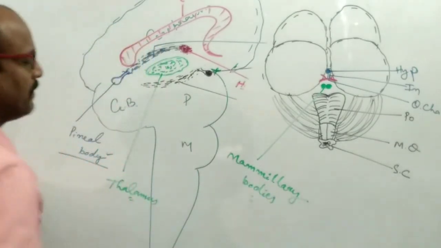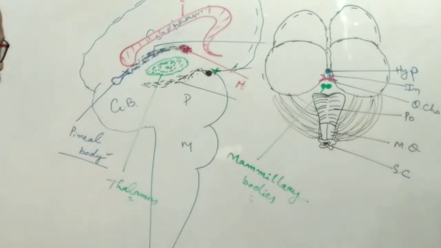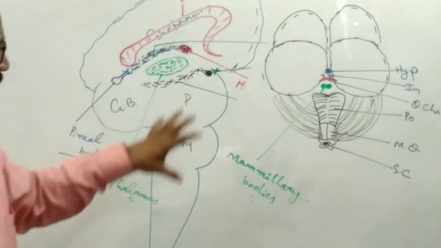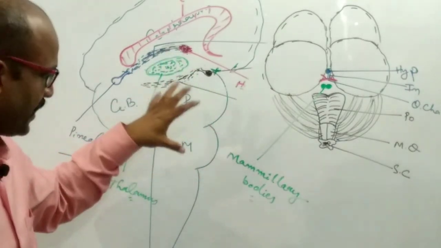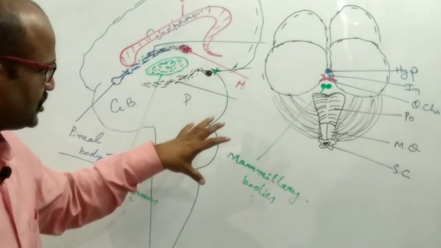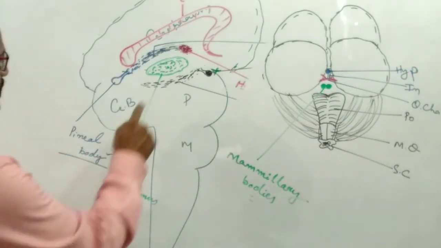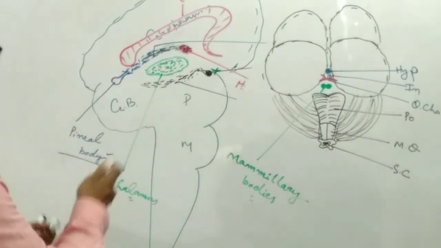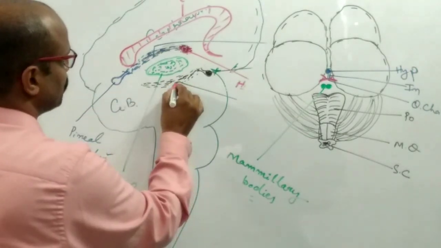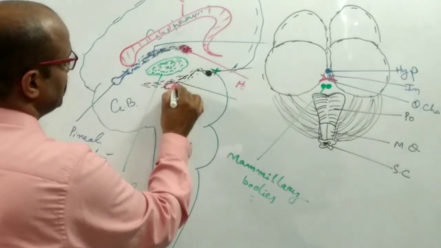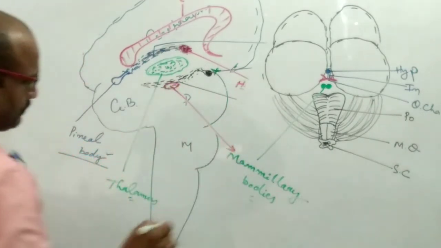These mammillary bodies are nuclei of the brain. They are oval structures present on the surface of the hypothalamus. Suppose that this is the mammillary body.